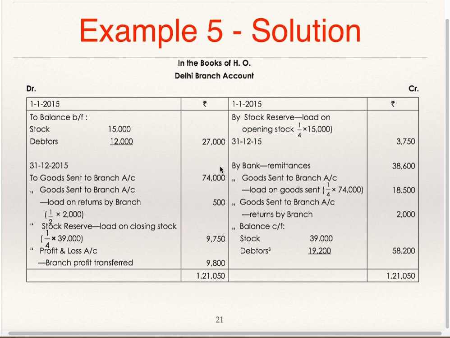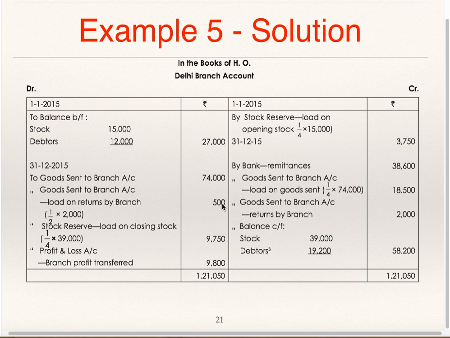To goods sent to branch account 74,000. Loading by goods sent to branch account 1/4, 18,500. Then by bank remittances 38,600. By goods sent to branch account returned by branch is 2,000. Loading to be debited, which is 500.